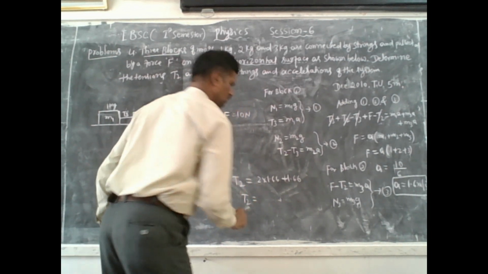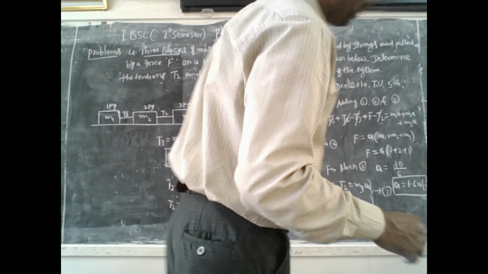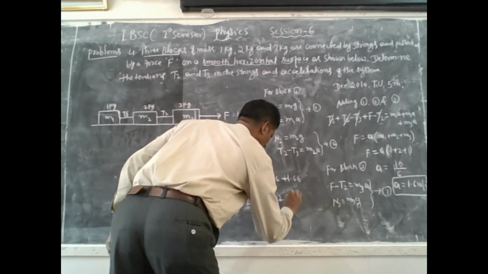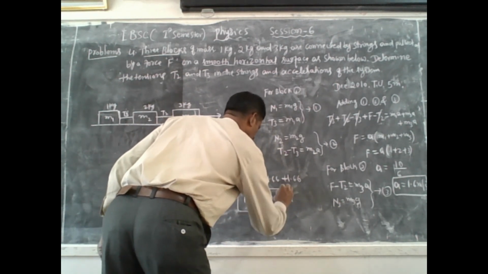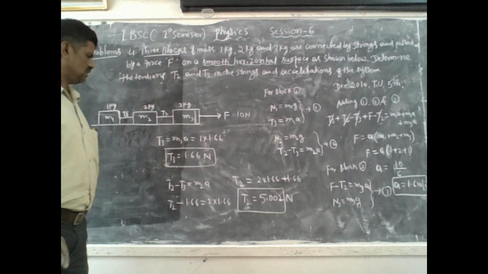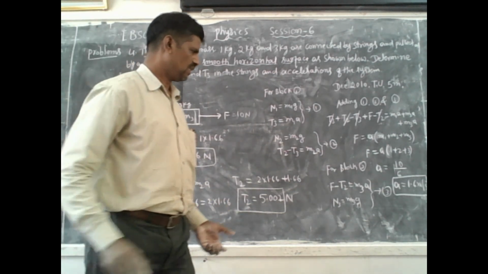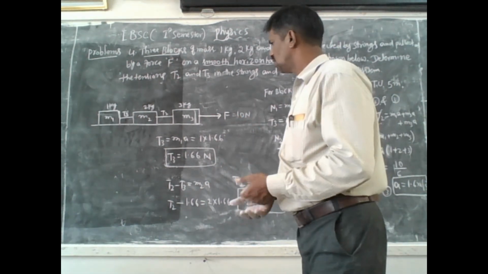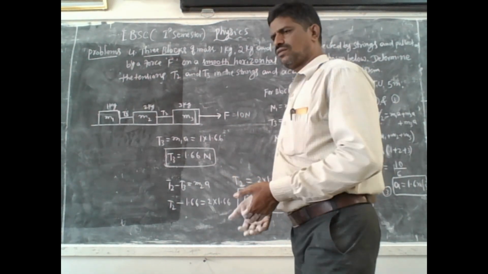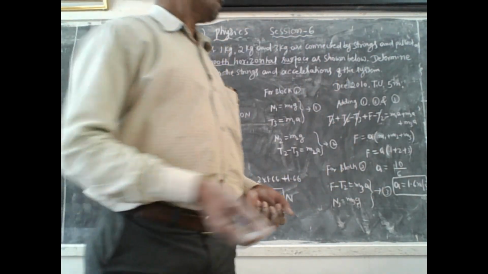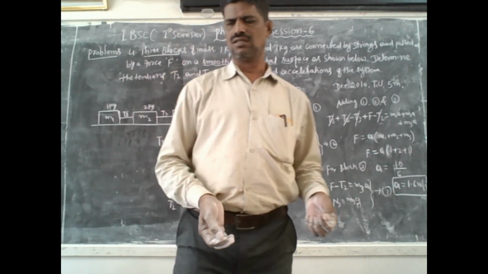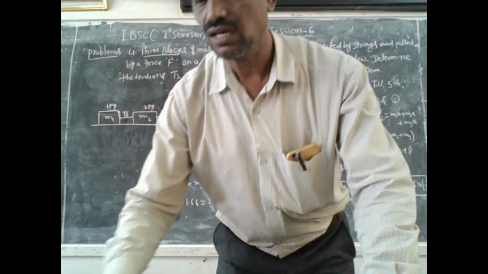Therefore, T2 equals 5.002 Newton. So these are the tensions produced in the string by pulling with a force of 10 N, isn't it? So I think let us stop here. Tomorrow I will continue.